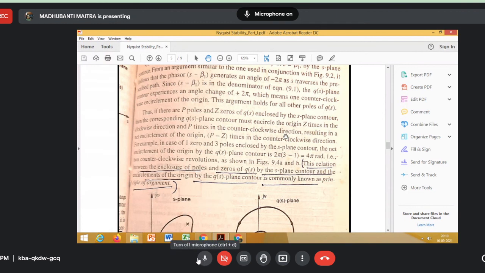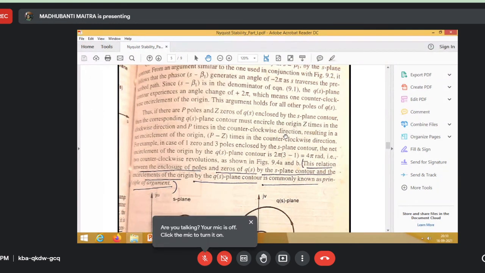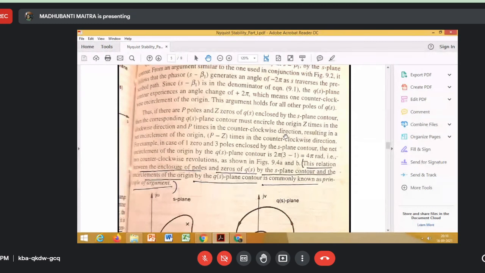So if we combine these encirclements and say that N is the net encirclement, the total number of encirclements of the origin of the QS plane by the QS plane contour, then the value of N will be equal to P minus Z times in the counterclockwise direction.